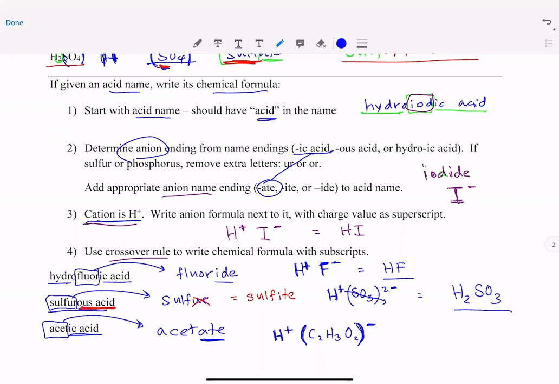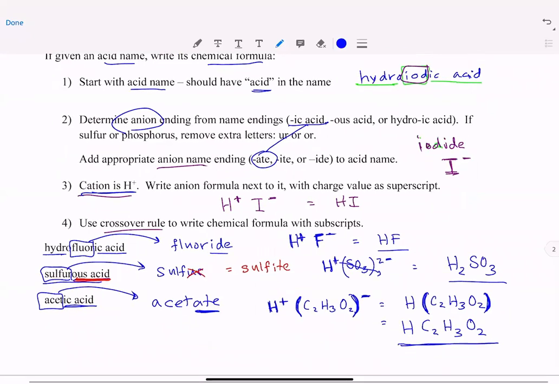Using the crossover rule, you would write H and then C2H3O2. I added the parentheses there to show you that you can take them away because there's no number outside of the parentheses. So this would be the correct chemical formula for acetate.